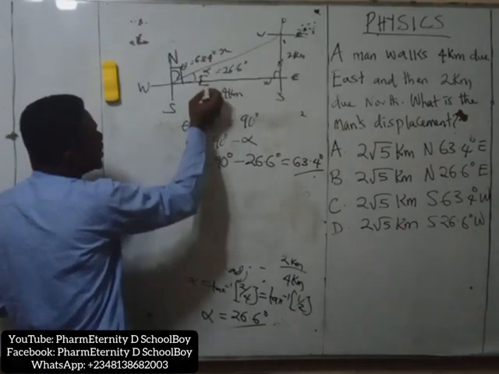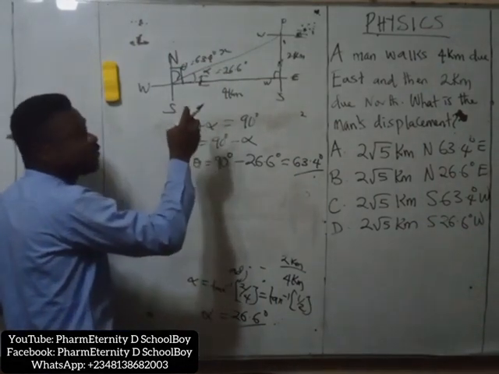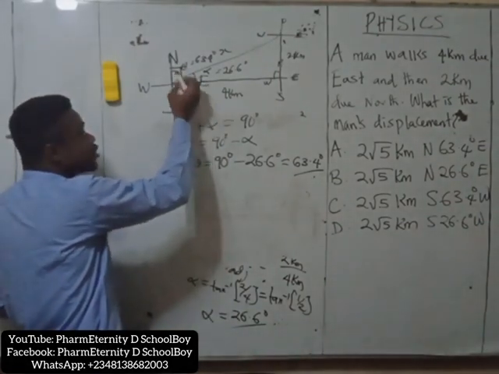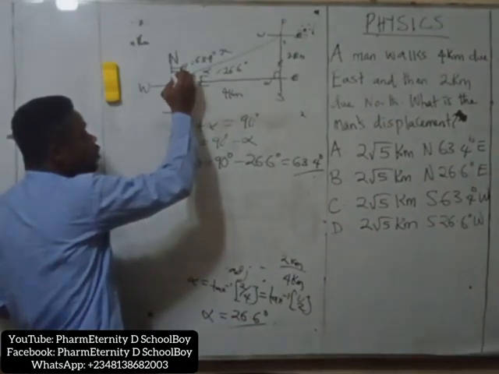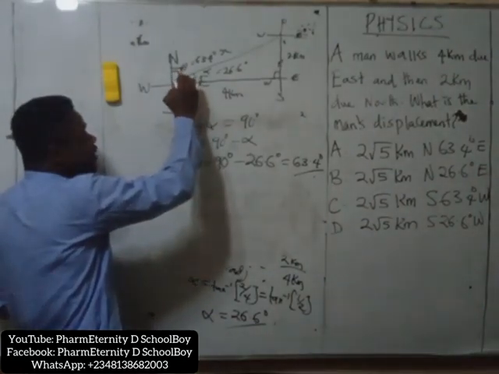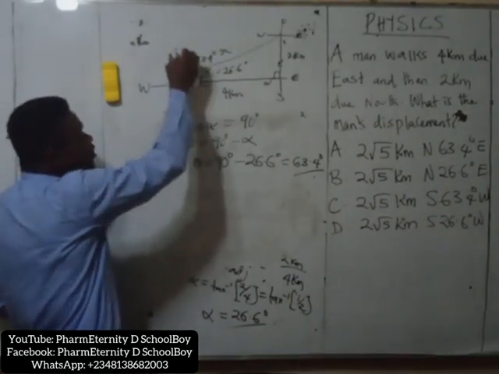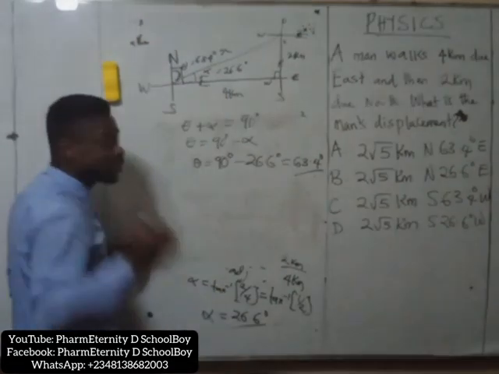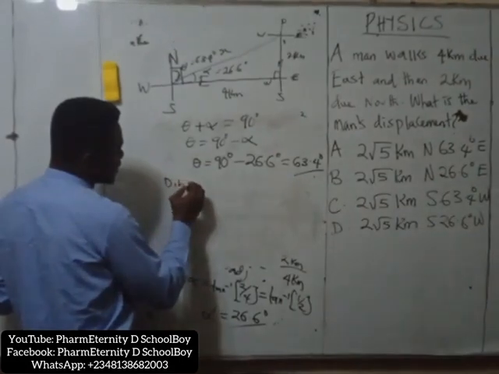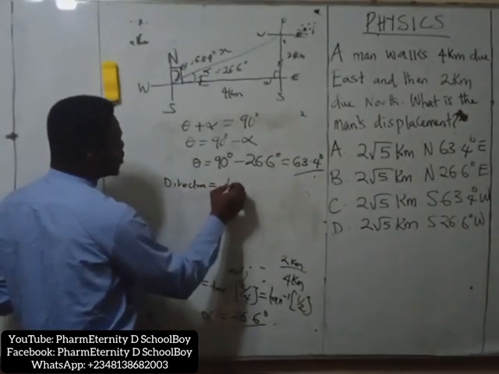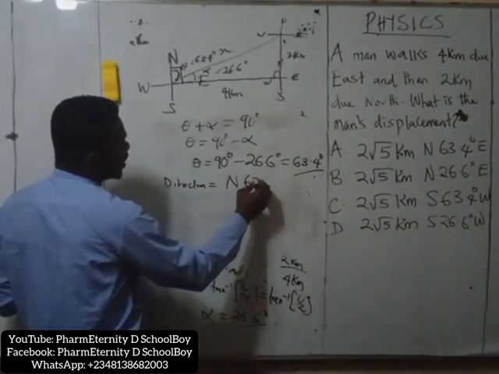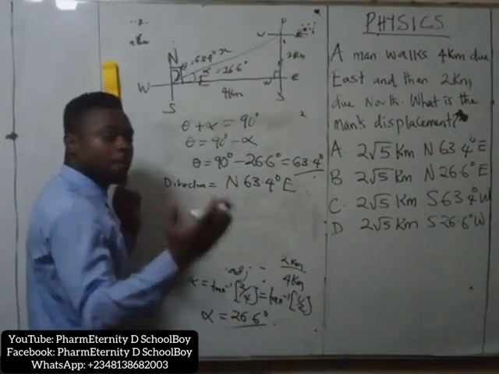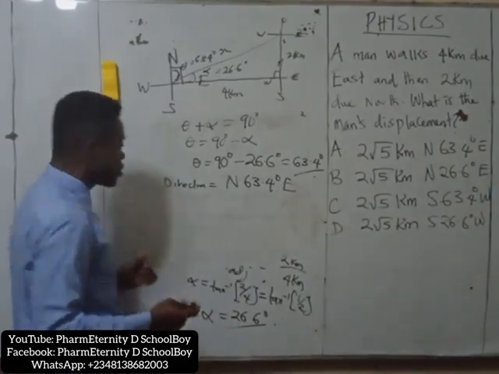And this is east. So the man's direction falls between north and east. But you start reading from the north. So it's actually north, 63.4 degrees east. So the man's direction is north, 63.4 degrees east.